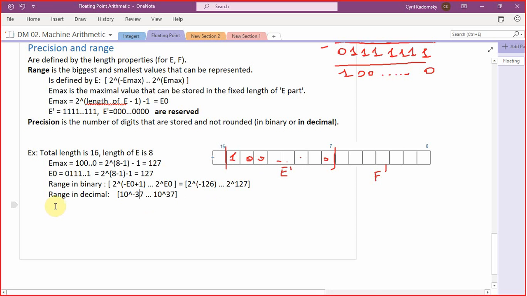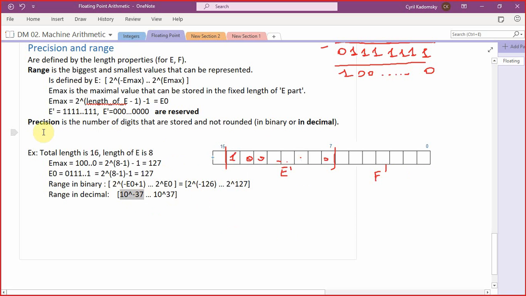So this simple short format, just 2 bytes, is enough to represent very huge numbers. 10 to the power 37 is 1 and 37 zeros, a huge number. And also very small numbers. 10 to the power minus 37 is 0 dot and 37 zeros afterwards, and then just 1. So the range is huge.